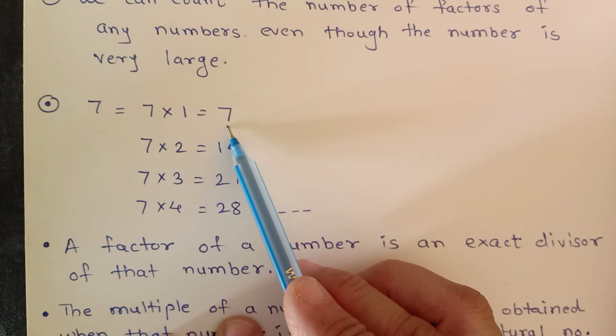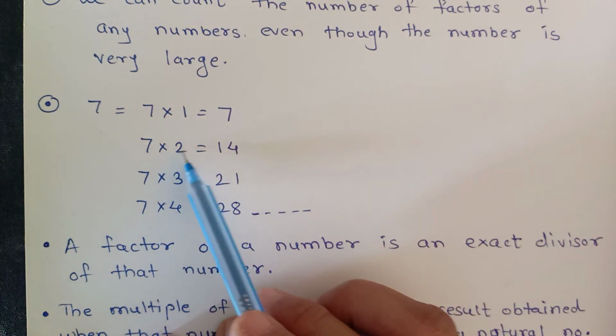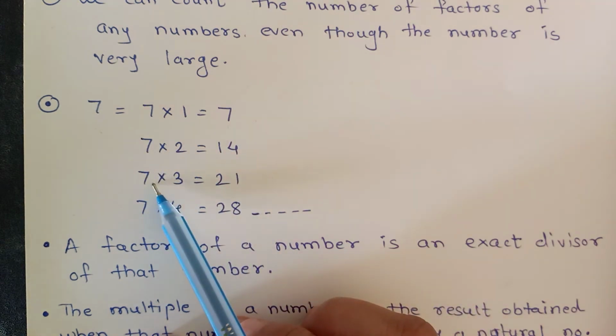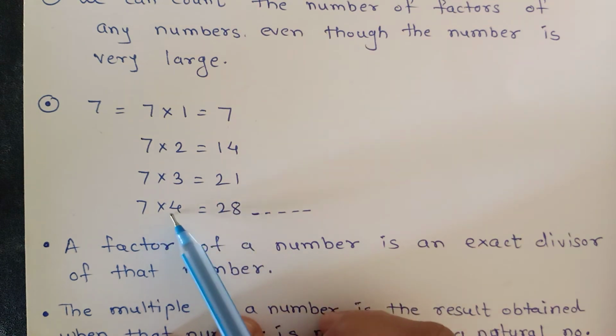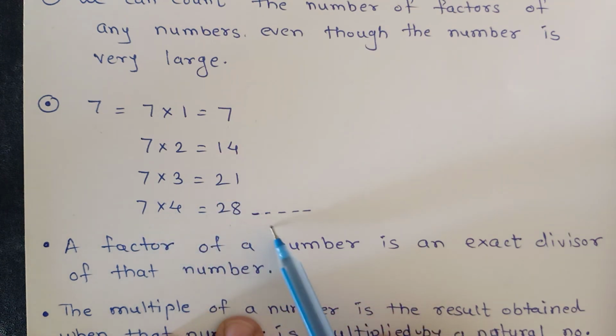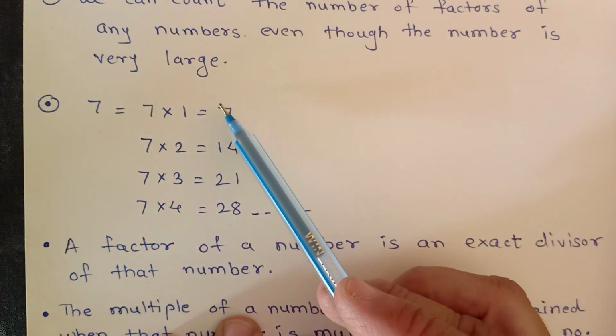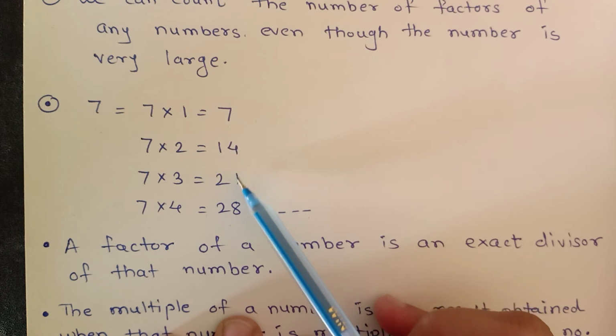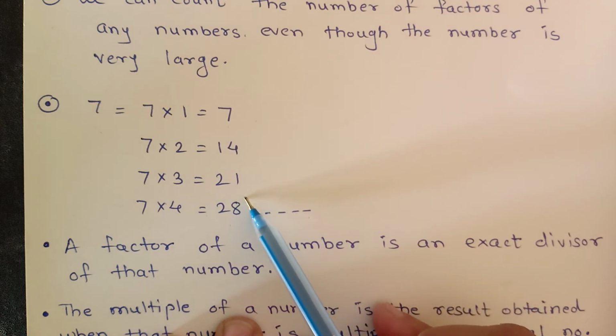It is a multiple of 7. 7 multiplied by 2 gives me 14. 7 by 3 gives me 21. 7 by 4 gives me 28. And so on. You can find infinite multiples of the given number. Hence we prove that every multiple of a number is greater than or equal to that number.